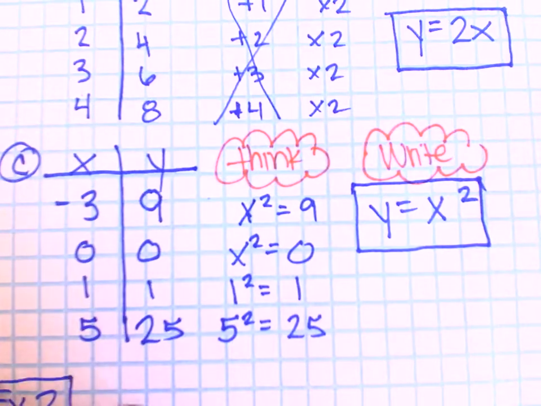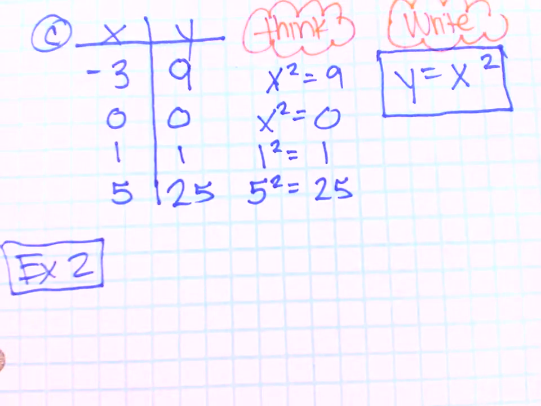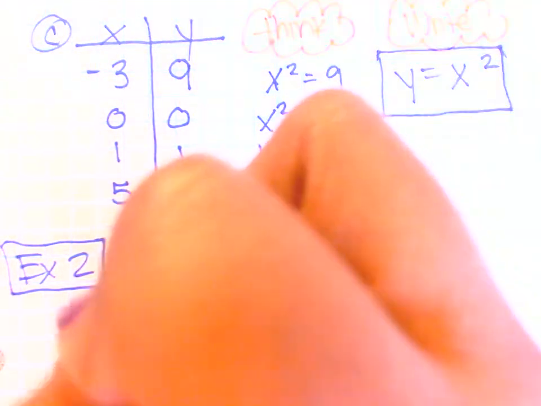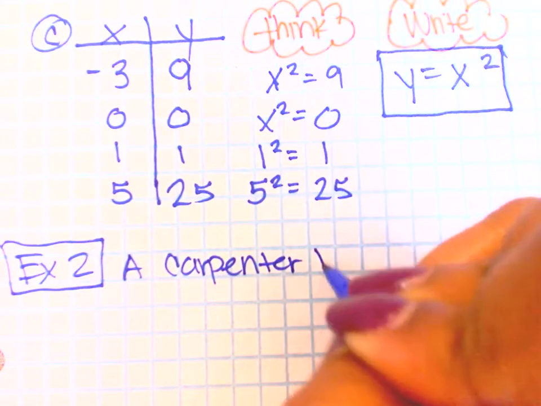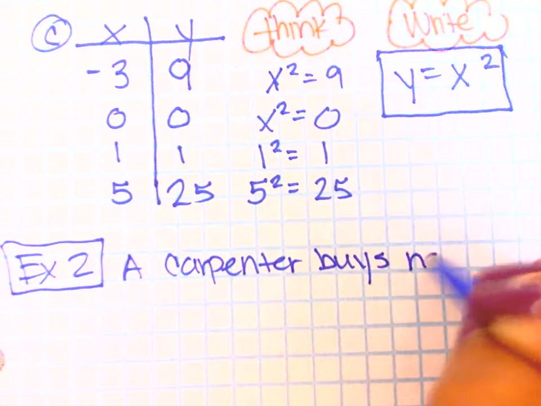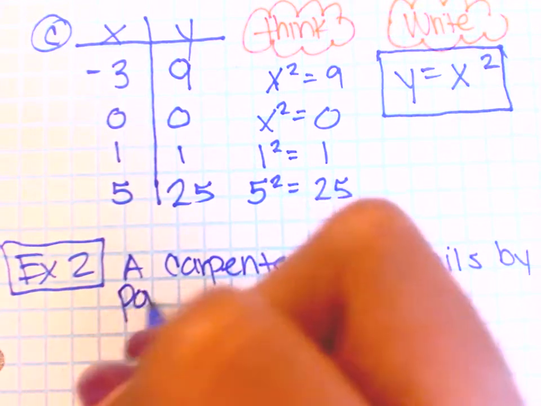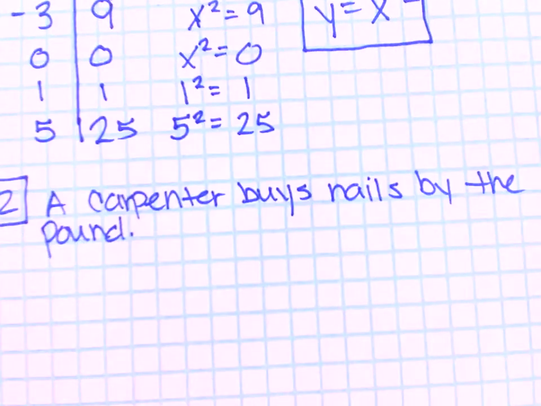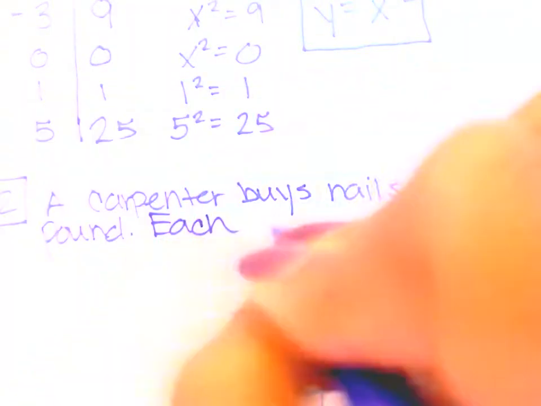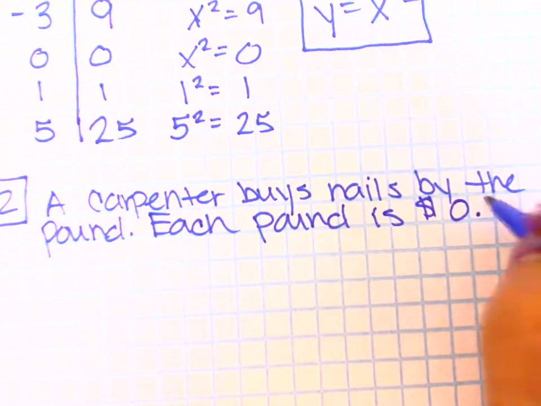Let's move on to example 2. This is going to be a word problem. So, write it down with me. A carpenter buys nails by the pound. Each pound of nails is 19 cents.